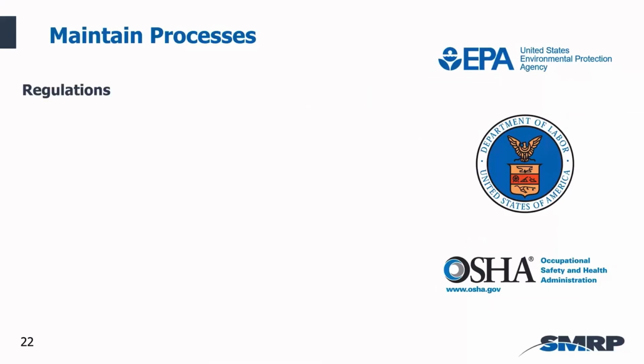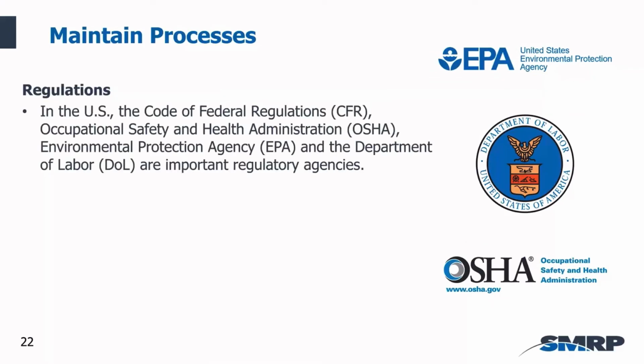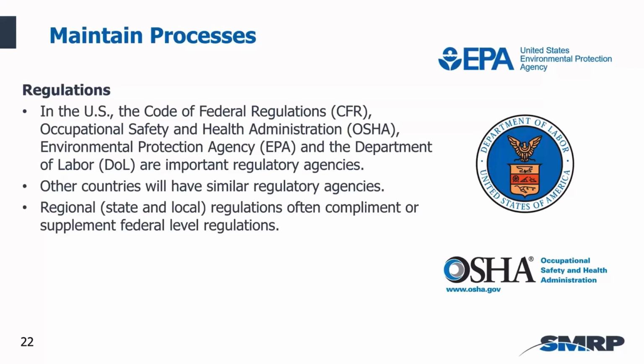So maintaining processes, we also have to consider regulations. Again, in the US, there's a thing called the Code of Federal Regulations. There's the Occupational Health and Safety Administration, the Environmental Protection Agency, and the Department of Labor. These are some of the more important and more commonly known regulatory agencies. In other countries, we'll have similar regulatory agencies.